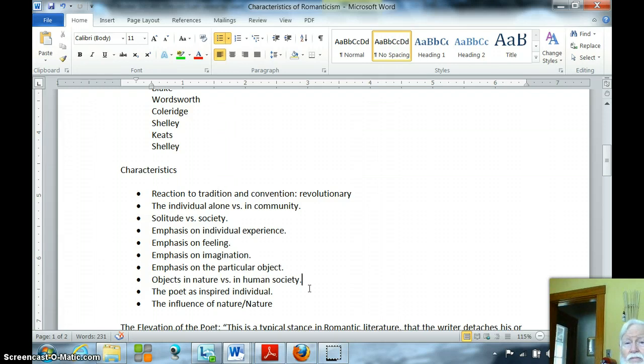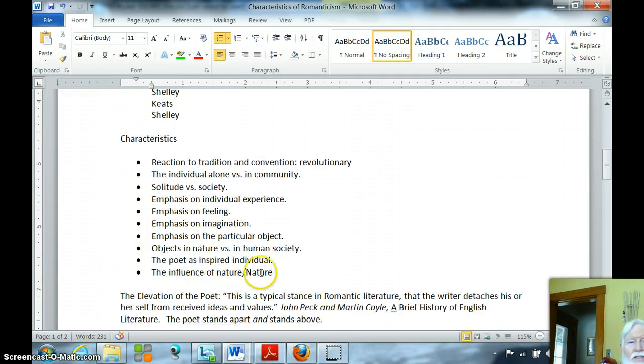So he is reflecting then upon that object and then not simply describing that object in a mirror-like way, but describing the influence of Mont Blanc, the white mountain, if you will, upon his imagination.